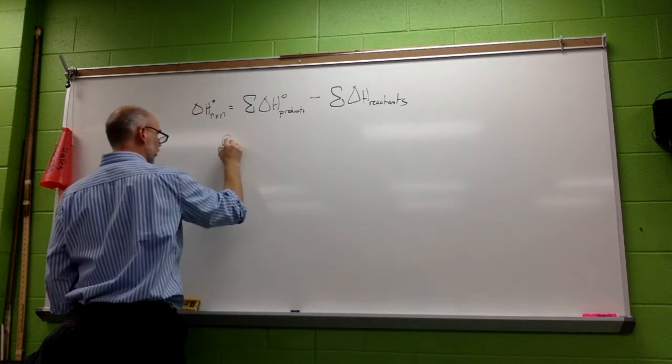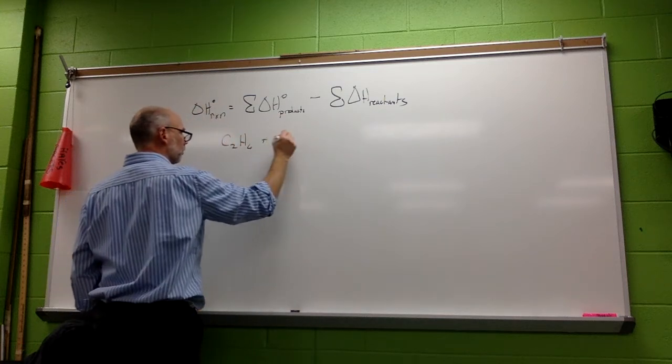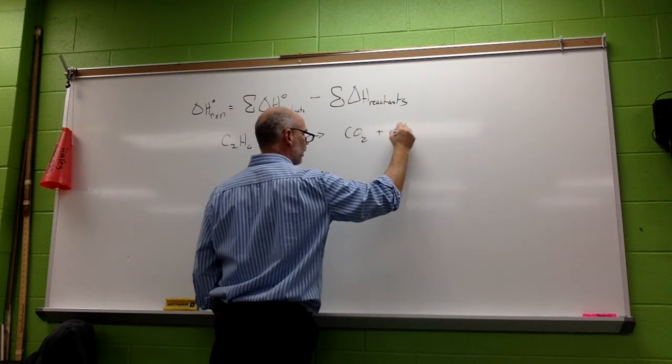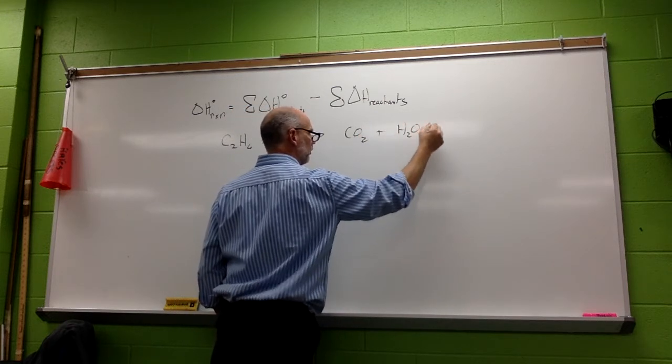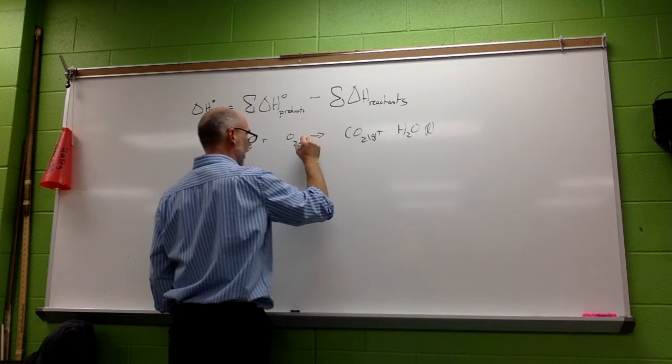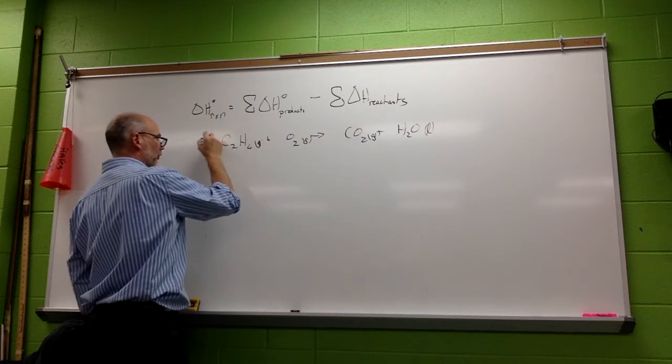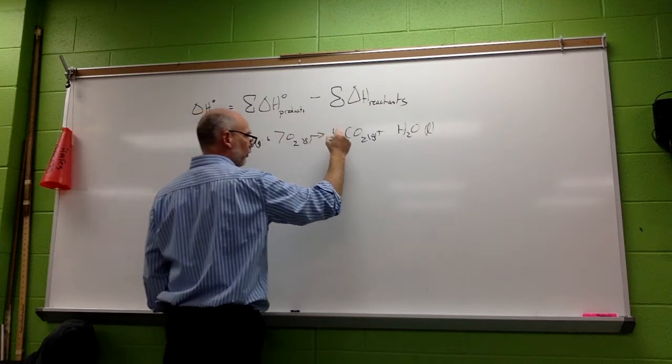In this case, it's C2H6 plus O2, yielding carbon dioxide and water, liquid, and gas. What was it, 2, 7, 4, 6?